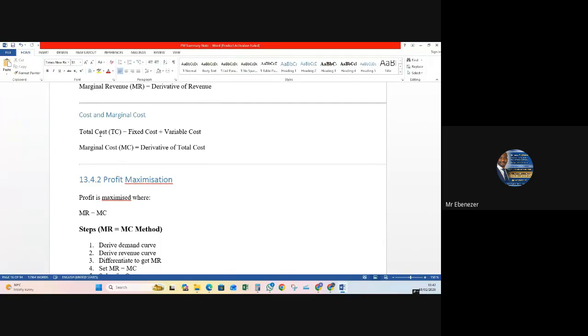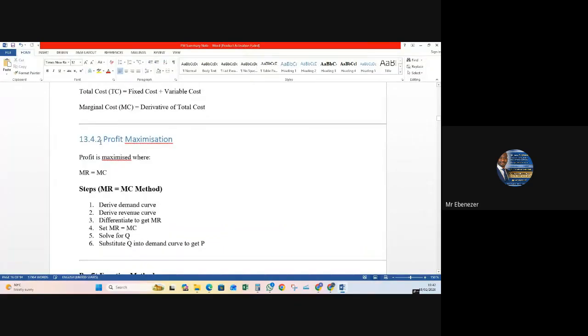Now, the steps for your profit maximization are that you have to derive your demand curve and also your revenue curve, right? Differentiate the two of them. That is, differentiate your revenue, differentiate your cost to get the marginal revenue and marginal cost. Set your marginal revenue equal to marginal cost.